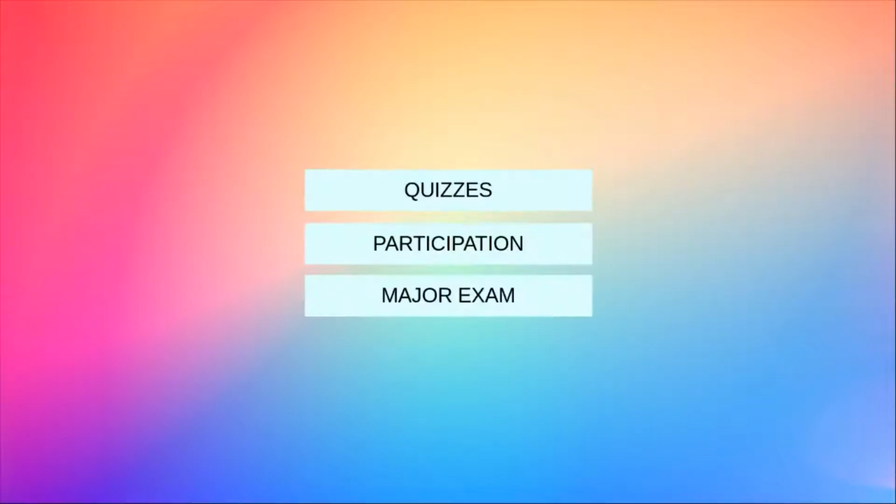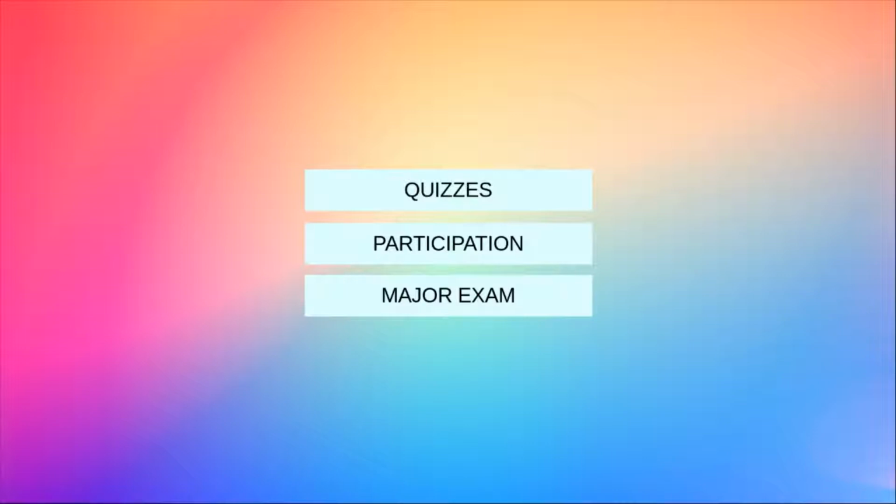Now, before we move on to actually configuring our grade setup, let us review first our grading system in Mater Dei College. We all know that we have three grading components: the quizzes, participation, and major exam. Besides that, we also know that we have two grading periods.